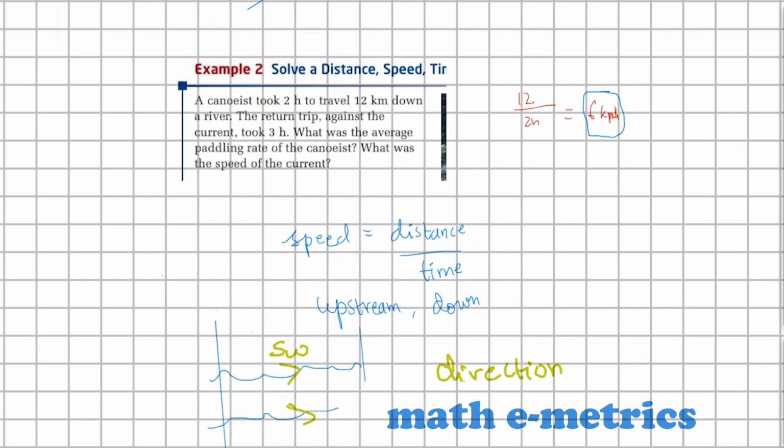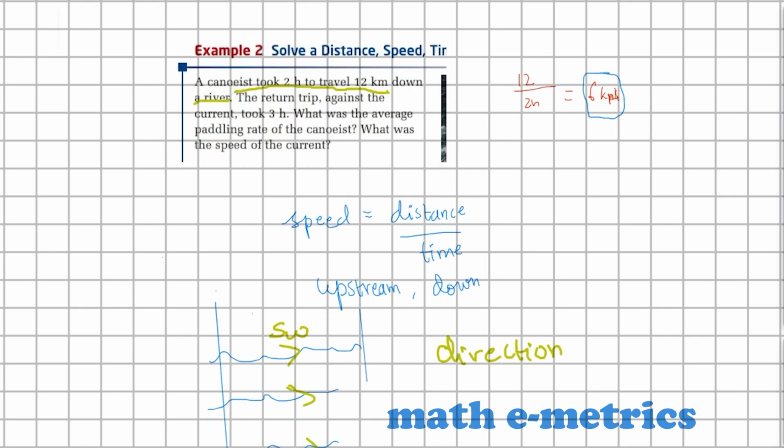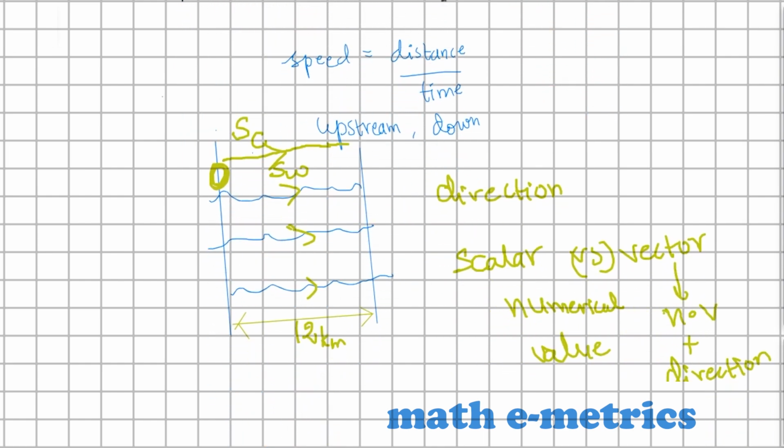The canoeist took 2 hours to travel 12 kilometers down the river. Let's say this is a canoeist, traveling in this direction. Let's say the speed is SC, speed of canoeist, and SW is the speed of water.